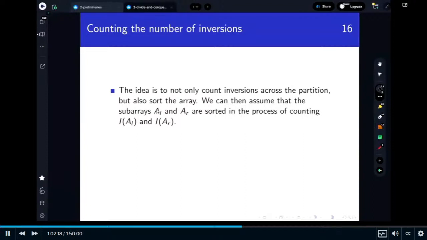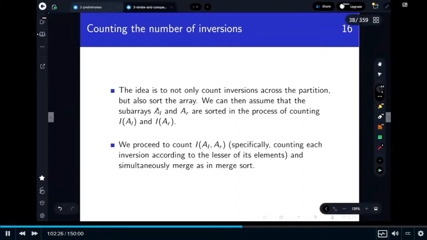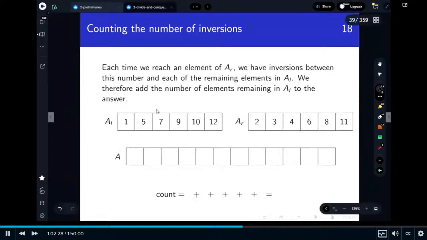Maybe keep the sorted version in a different array, because we still need to count the number of inversions inside, right? If we have a sorted version of the left and the right, now we can count the number of inversions across quite easily.